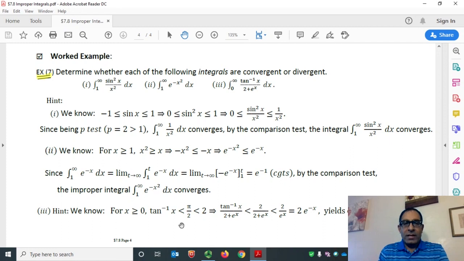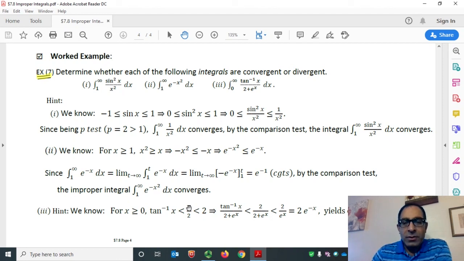Because the tan function has an asymptote at x equals pi over 2, the inverse is smaller than pi half. And we know pi half is less than 2, right? So that means tan inverse x is less than 2. This is true then. Let's forget this middle part. Let me hide it here. So tan inverse x is less than 2.